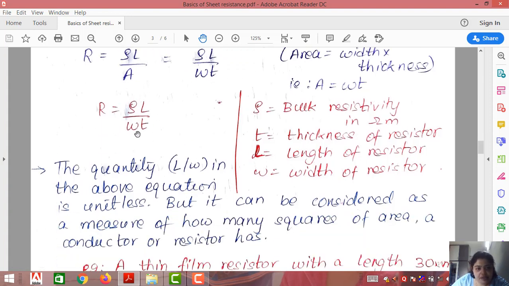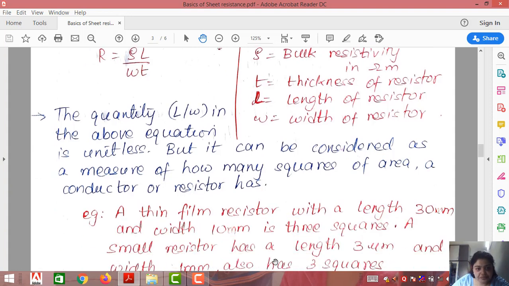In this above equation, we can use the quantity L upon W. The unit of L is meter, and the unit of W is meter. So L upon W is a unitless quantity, but it can be considered as a measure of how many squares of area a conductor or a resistor has.